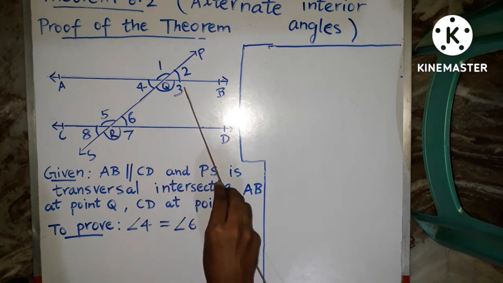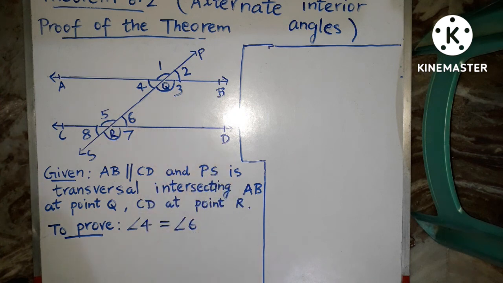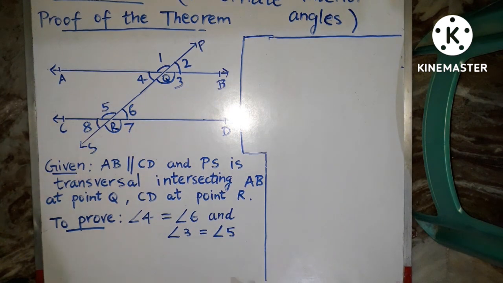So next we have to prove angle 3 is equal to angle 5. So we have written the given information and then we have written what we have to prove. Now let us start the proof.